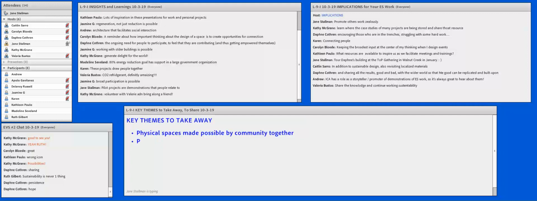Possibilities for sustainability. There are so many possibilities for sustainability. Does that capture it? That's great. Thank you. Okay, great. Let's get another couple.